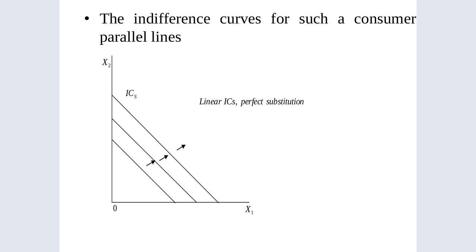For the second indifference curve, it's the same. The slope is the same when you move along the same indifference curve and compute it. That means the consumer is simply substituting one good for the other at the same constant rate. So the indifference curves are simply parallel lines.